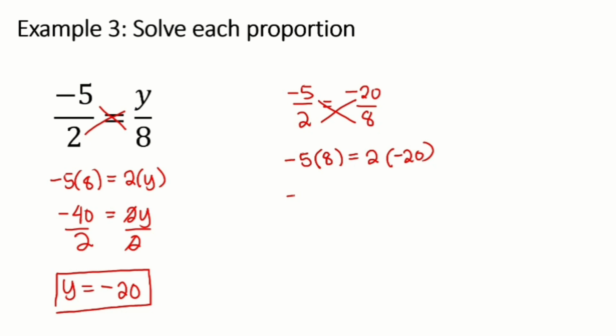Then, that's negative 5 times 8. The product is negative 40 is equal to 2 times negative 20. That is also negative 40. So, it produces a true proportion since we have here negative 40 is equal to negative 40. Therefore, y is equal to negative 20 is a solution.